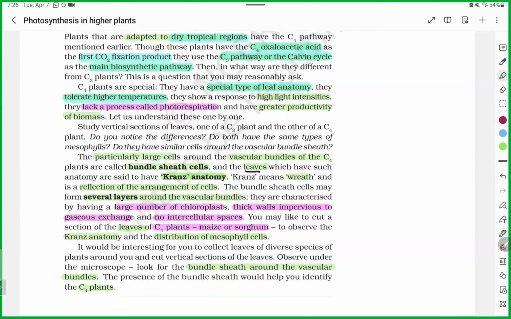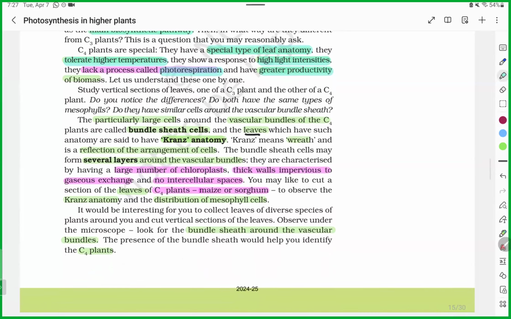They can manage high light intensity, and they do not have photorespiration. That's why the productivity is also more. Two reasons: more temperature tolerance, no photorespiration. Photorespiration means waste.